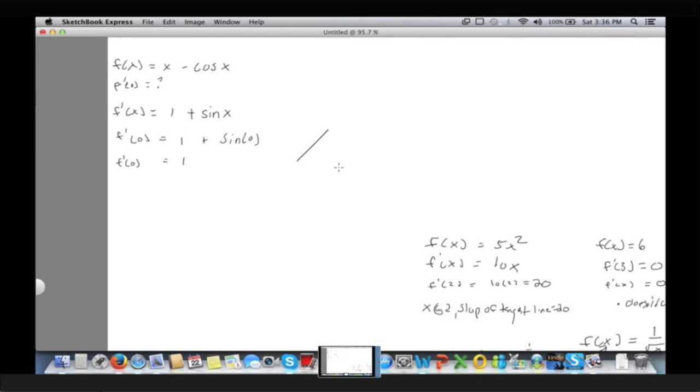Well, no. The tangent is a straight line. Are you saying the function is a straight line? We know it's not, because is the derivative here always the same for any x? We know f of 0 is 1, but does that mean that f of 5 is going to be 1? No, f of 5 would be 1 plus the sine of 5, right?